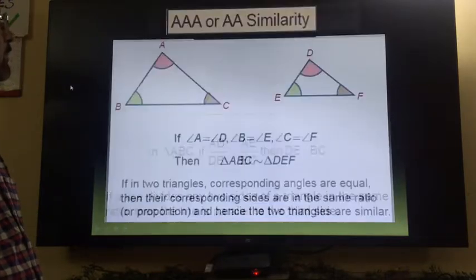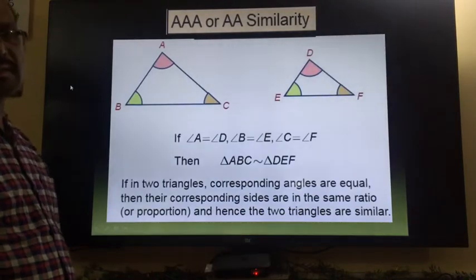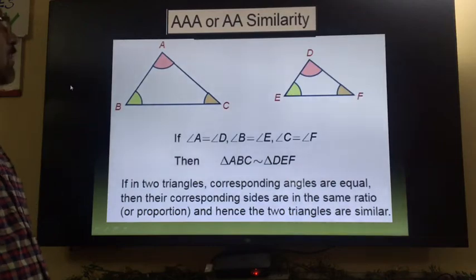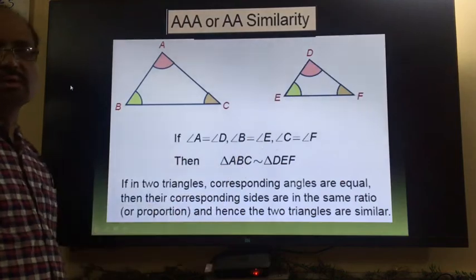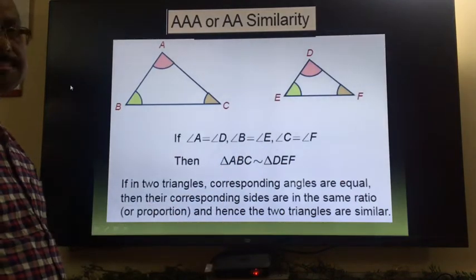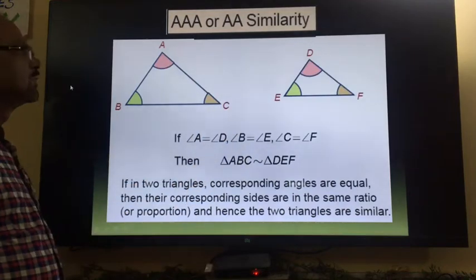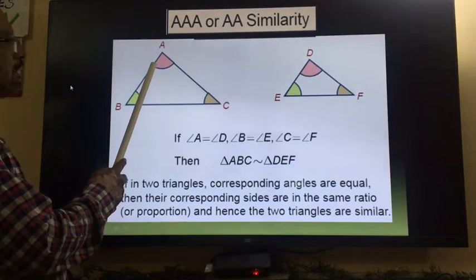Now the third theorem that I taught you is about similarity. This is the similarity criteria of two triangles. So two triangles ABC and DEF are not equal in size, but their shapes are the same. So these two triangles will be similar if corresponding angles are equal.